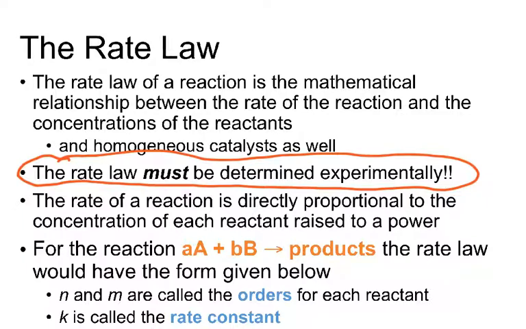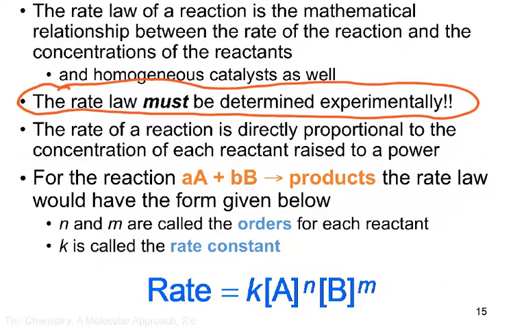The rate of a reaction is going to be directly proportional to the concentration of each reactant raised to a power. So rate laws are going to look like this. For our generic reaction, some A plus some B goes to products, the rate law would have this form. The rate is going to be k, lowercase k, which is the rate constant, times the concentration of A to some power, times the concentration of B to some power.